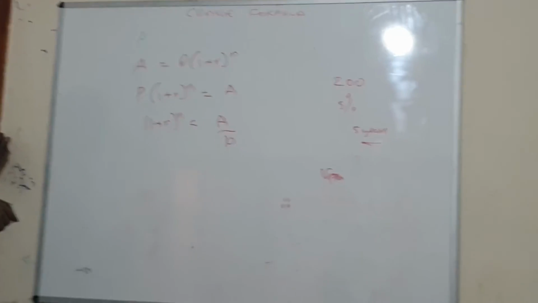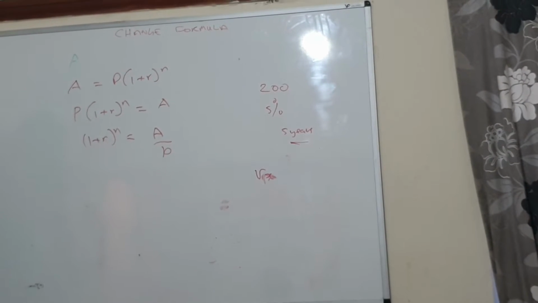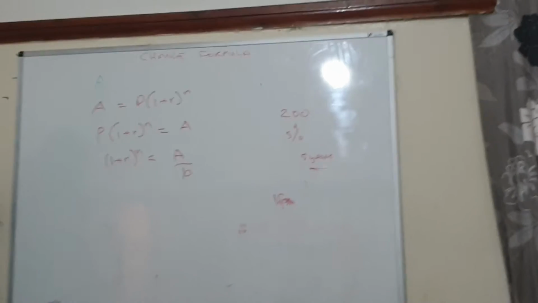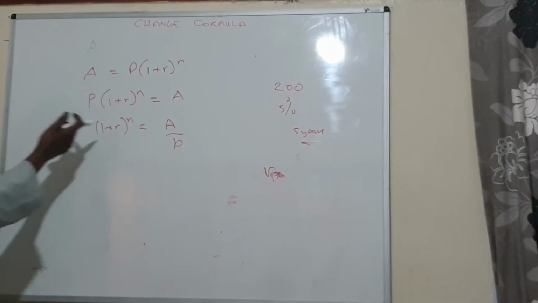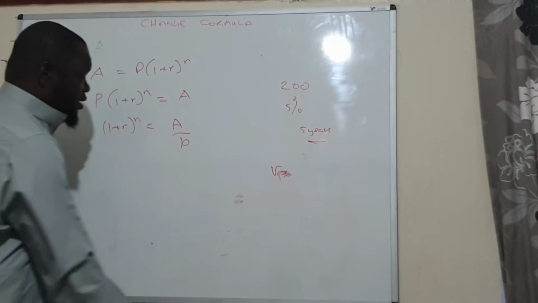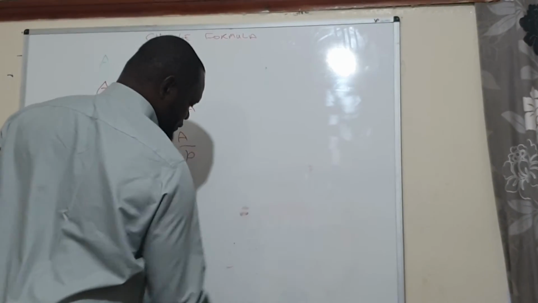Now we have a complex thing here. What should we do? How do we handle the root? No, this is not a square. That's to power n. That's not a square root.